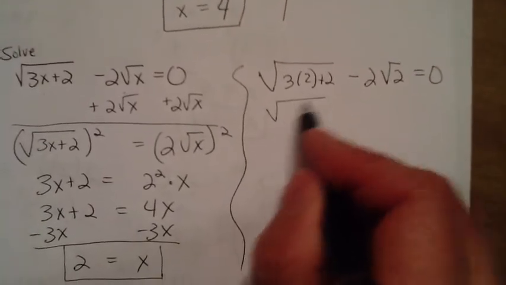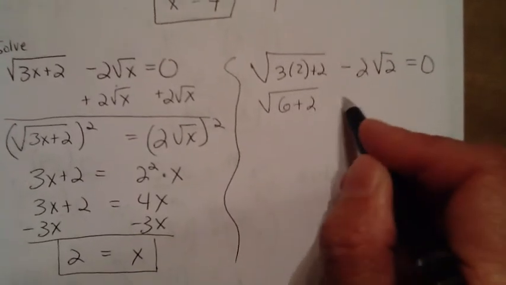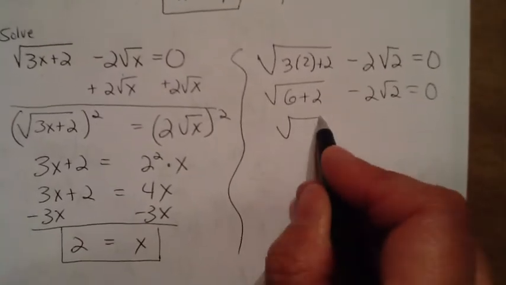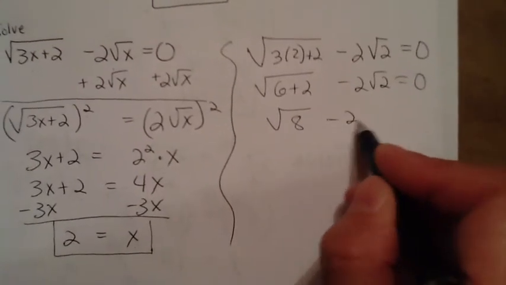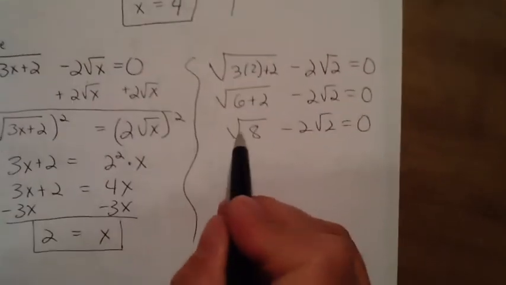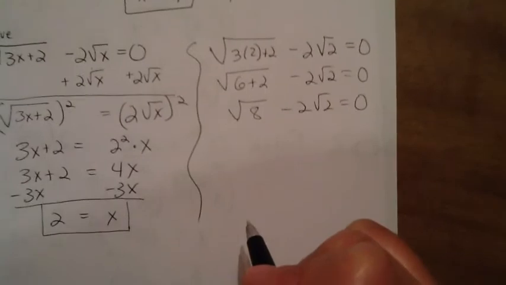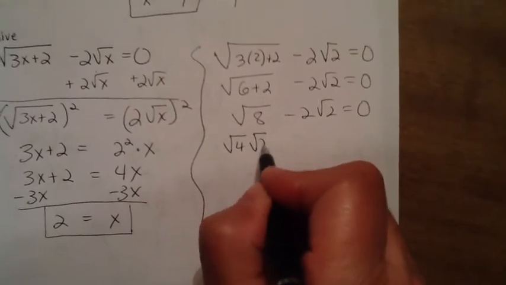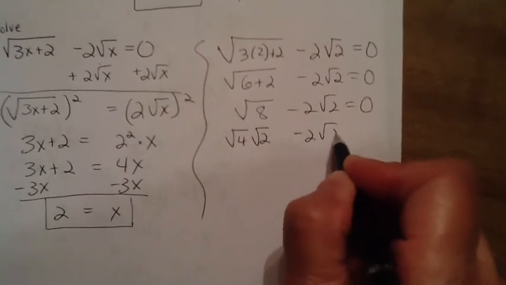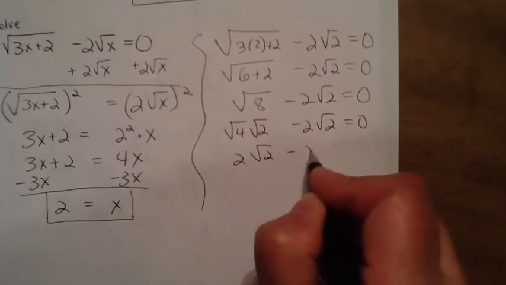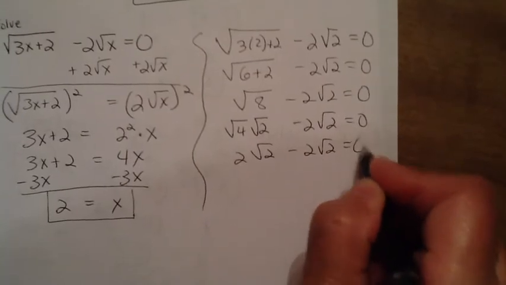So now I have 6 plus 2 minus 2 square root of 2, and I get 8 minus 2 square root of 2. Now, do you remember where we had to find our perfects here? So we actually know that this is 4 and 2. So I've got 2 square root of 2 minus 2 square root of 2.